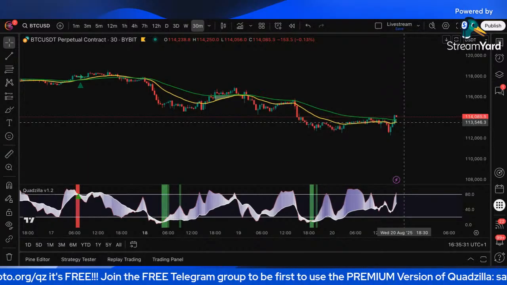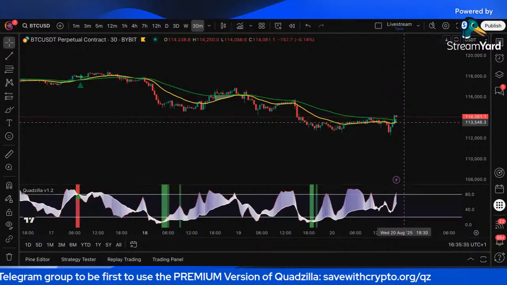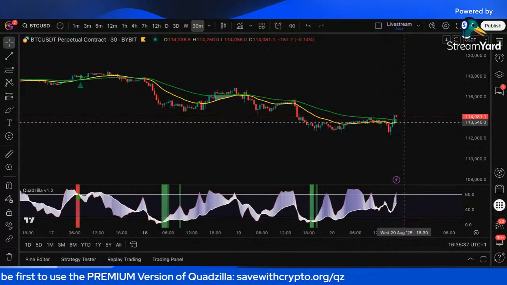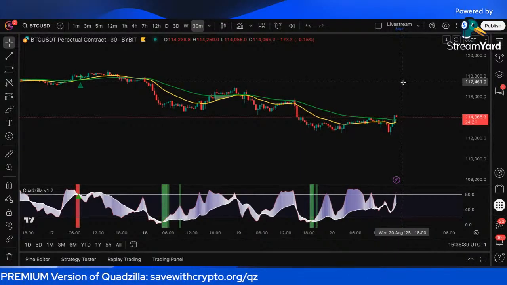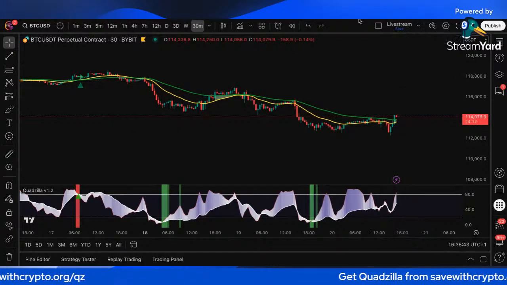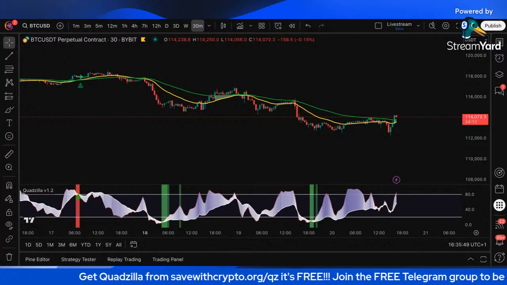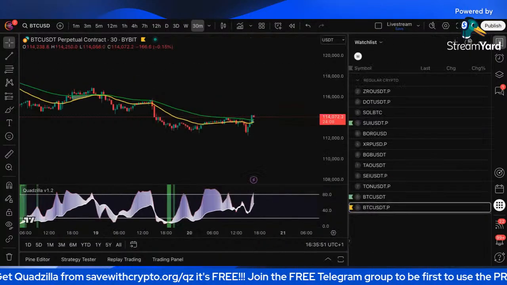So it hasn't quite gone deep enough to make me completely happy, but nevertheless, I'm happy. I'm happy because I'm in an Ethereum long, which is looking great at the moment. Ethereum dropped quite a lot, but it looks like it's recovering nicely.